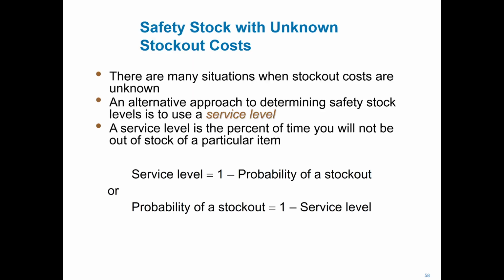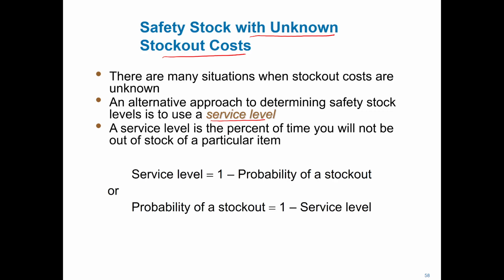Now the situation is that we discussed stock out costs being known. What if the stock out costs are unknown? In that case we can express a service level. We say that we can have a service level of 95% or 99%.